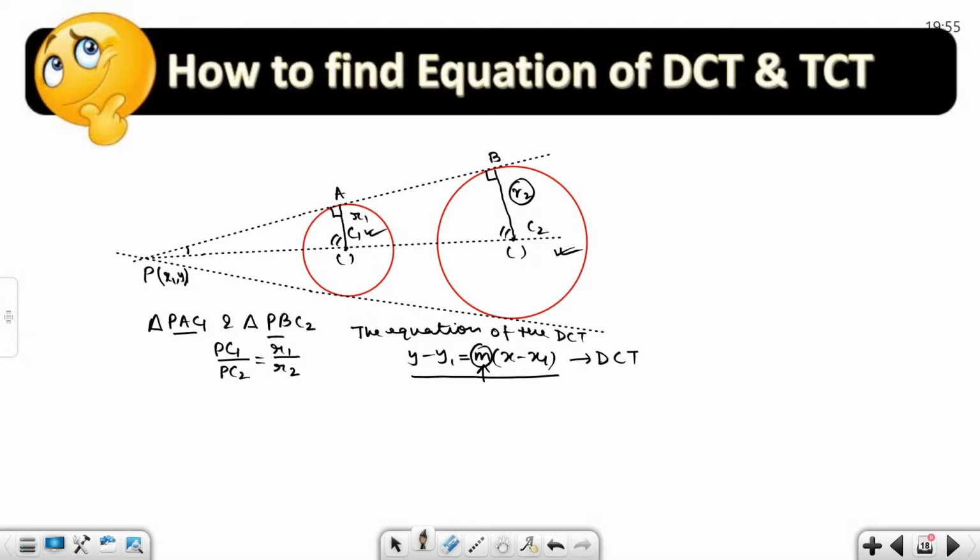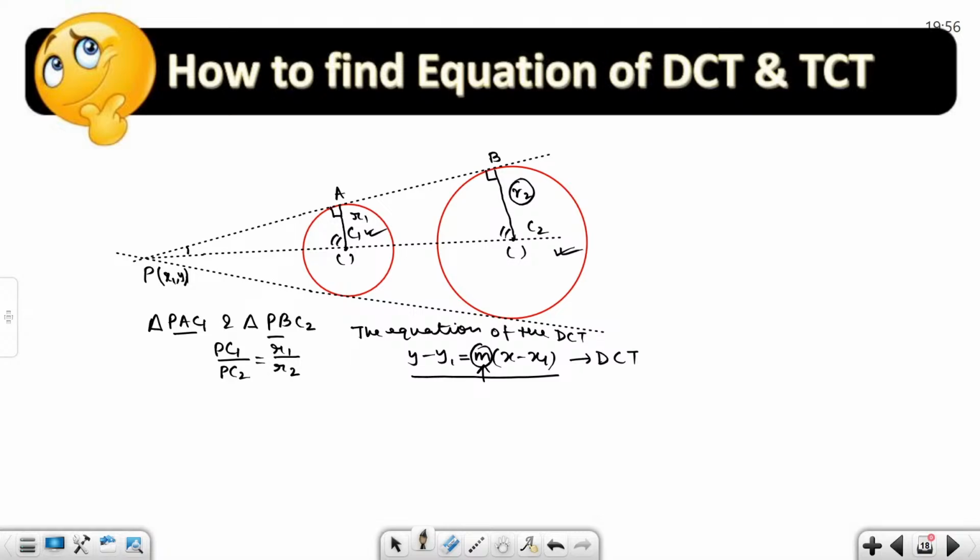I am revising it again. Listen to it carefully. Whenever they have asked to find out the equation of the DCT, all you do is extend the direct common tangent and the line joining the two centers of the given circles so that they meet at the point P. And this point P is going to divide this line joining two centers externally in the ratio R1 is to R2.